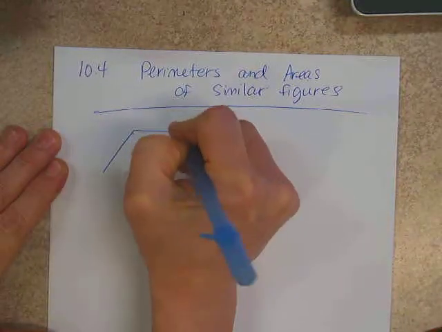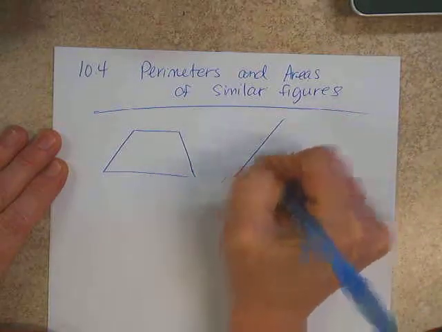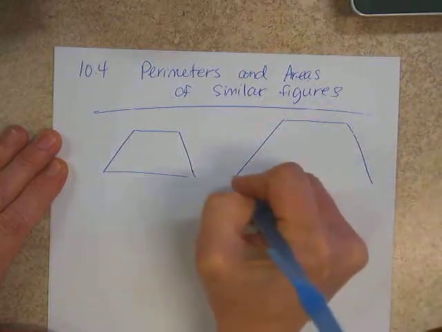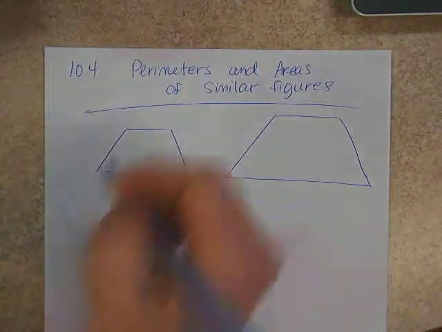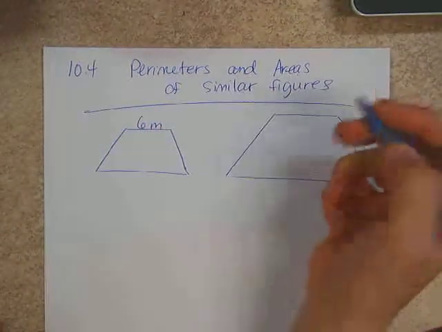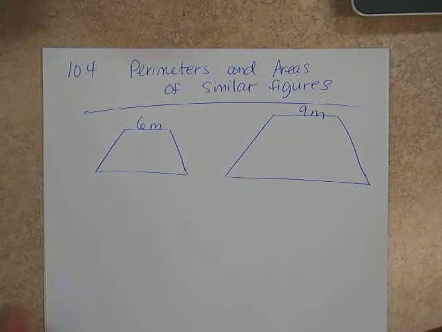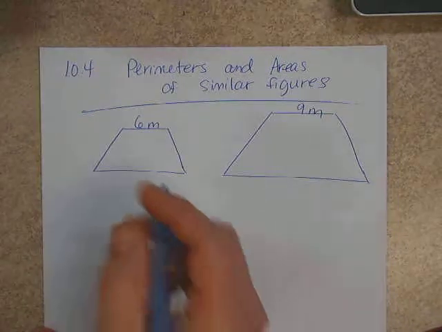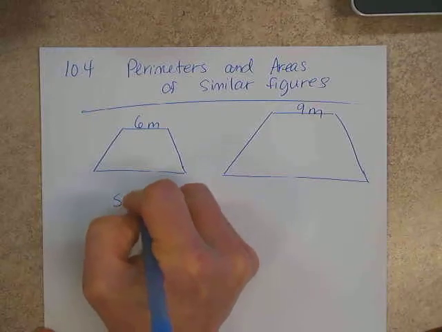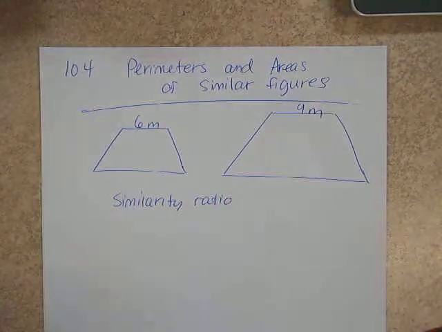If you have two figures that you are told are similar, and we know the lengths of a pair of corresponding sides, then we can set up the similarity ratio.